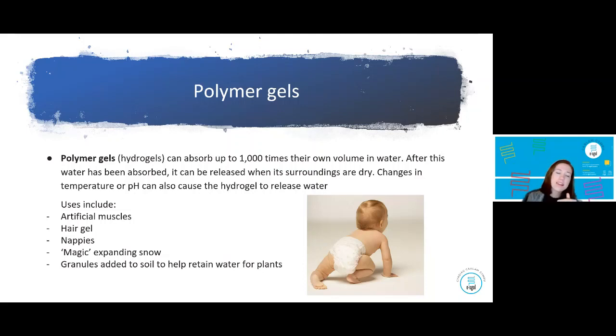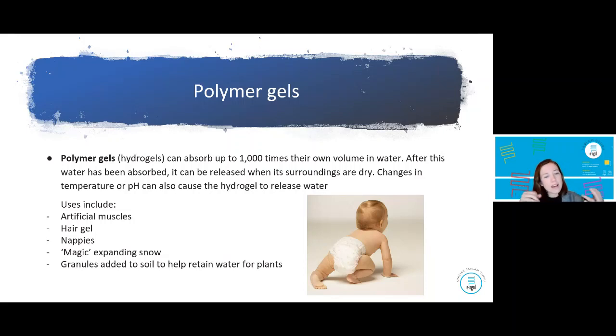So inside a nappy, although you can't see the hydrogel, or the polymer gel, there's lots and lots and lots of these small beads, these polymer beads. And what happens, obviously, we know what happens in a nappy. We know what a baby will do in a nappy.